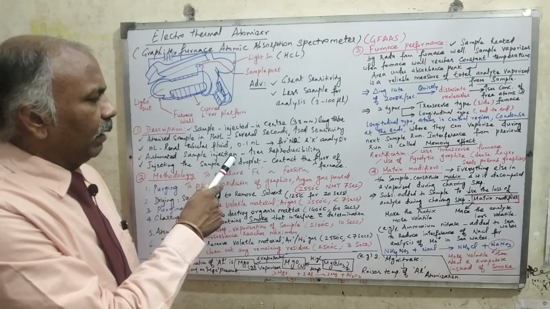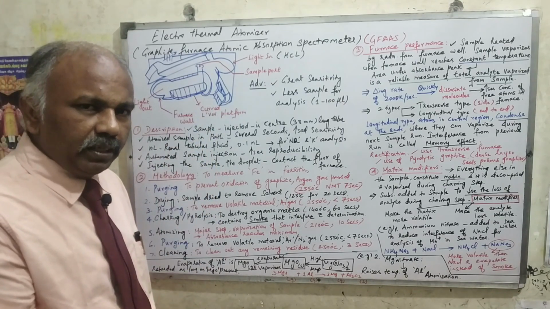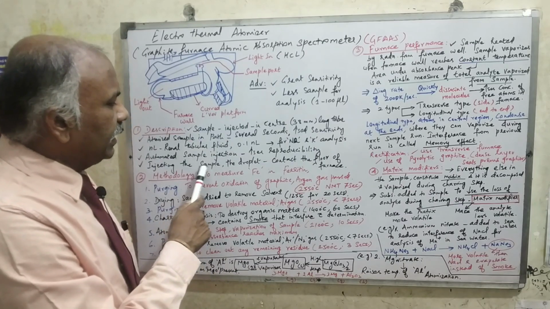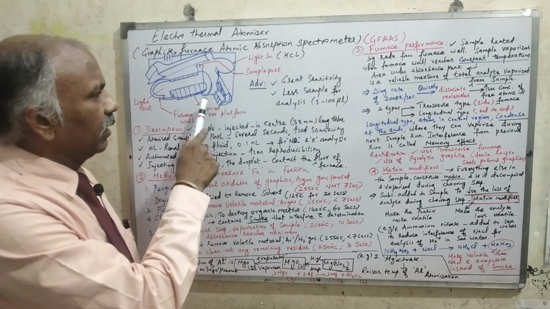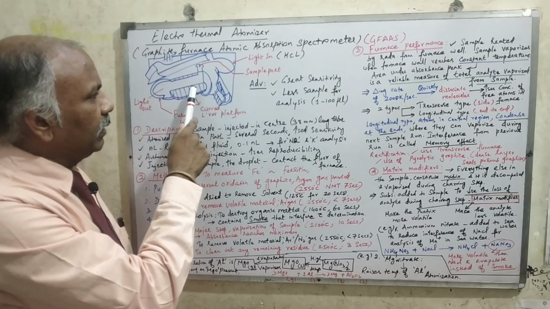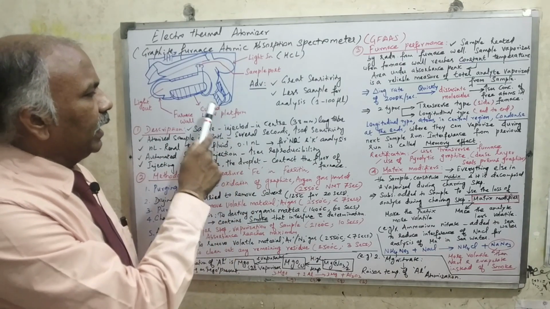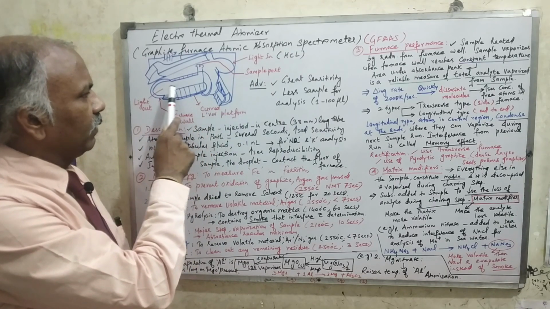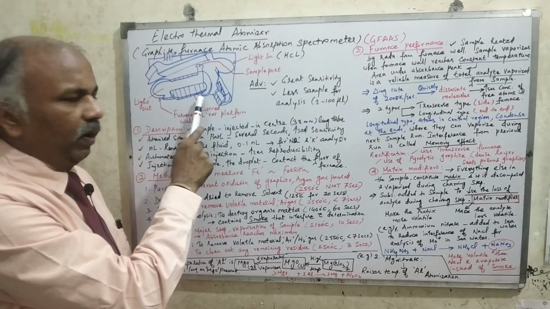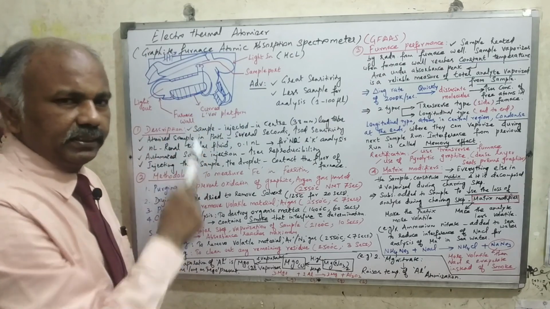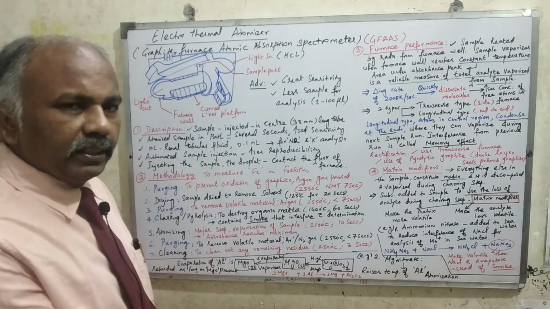Automated sample injection also increases the reproducibility, obviously. When you inject the sample, the droplet formed will contact the floor of the surface. So this is all about the description.